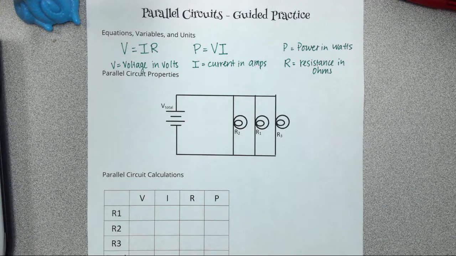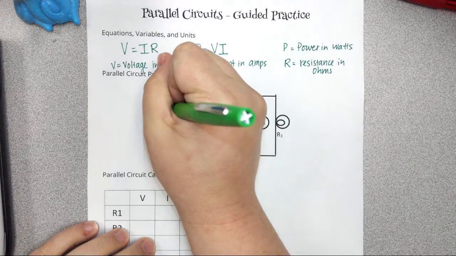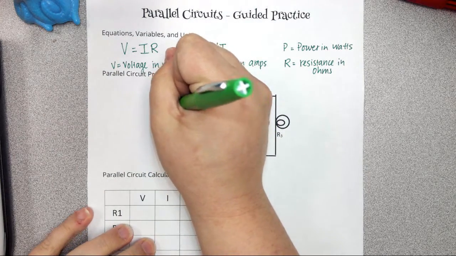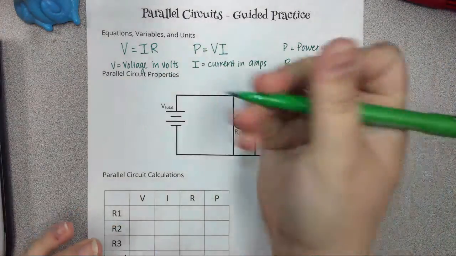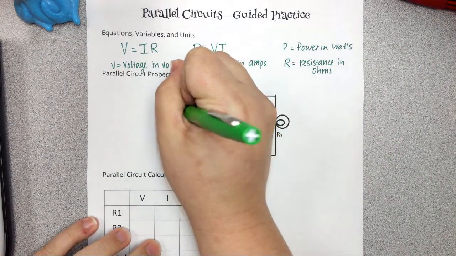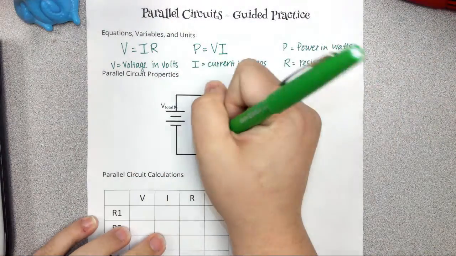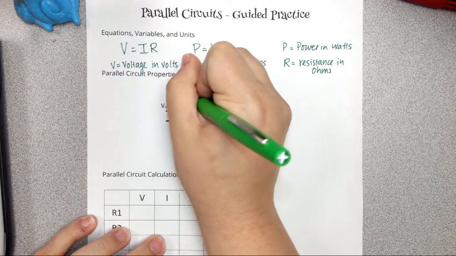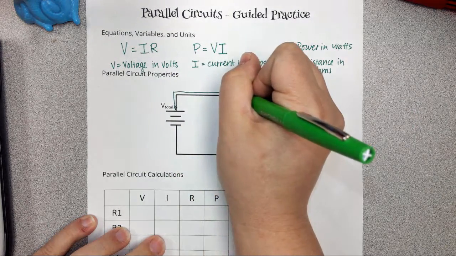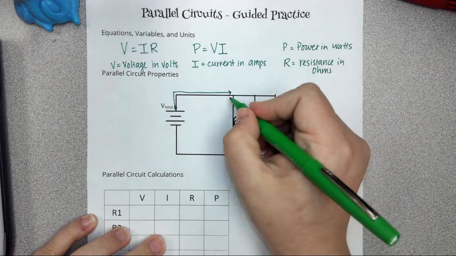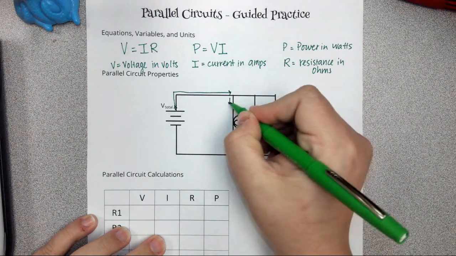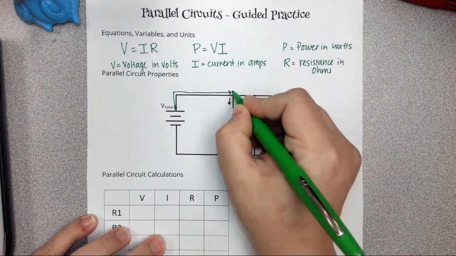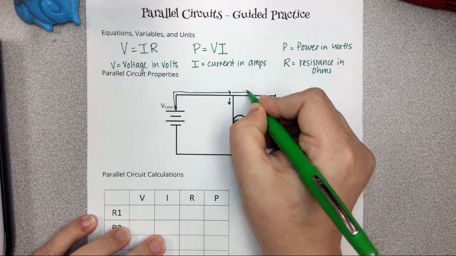Alright, let's talk about what happens to charges in a parallel circuit. We're going to pretend we're following a charge that was near the battery and then it's moving through the circuit. Here the charges are all together as they move along, and then they get to this branch point. Some of the charges are going to turn and follow this branch, and others are going to keep going.